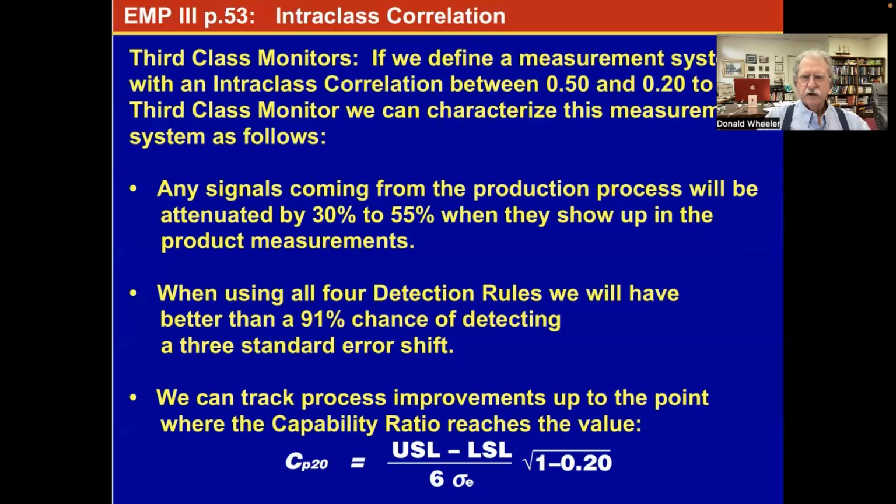We can track process improvements up to the point where the capability ratio reaches the value CP20. And CP20, the crossover capability, that intraclass value of 20%, is effectively the upper bound on the capability that you can detect using this measurement system with this production process.